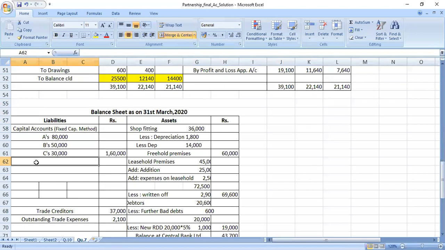So we will write here account: A is 25,500, B is 12,140, and C is 14,400.